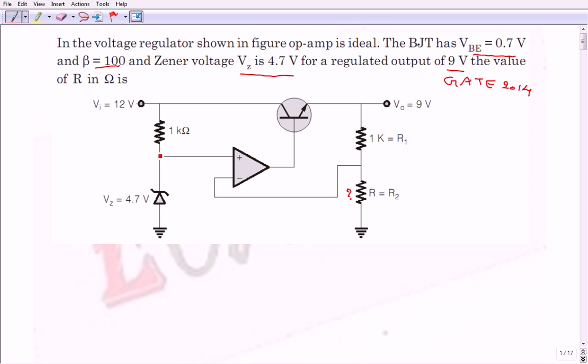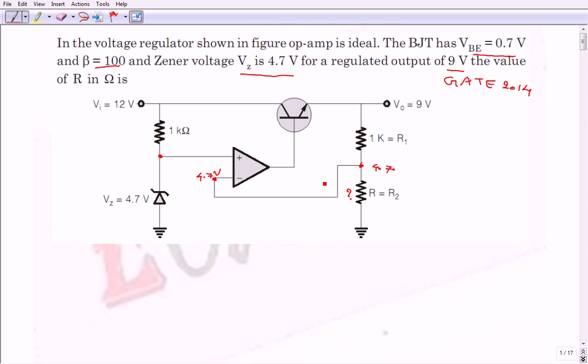The voltage at this point and at this point is the same, and the difference signal is 0. The meaning of this is that the inverting terminal is also at 4.7 volts, which is the voltage at this point.